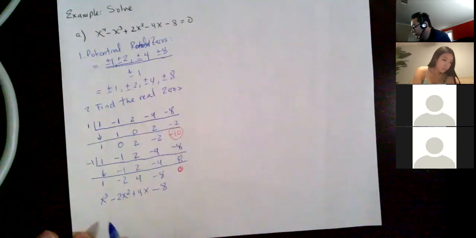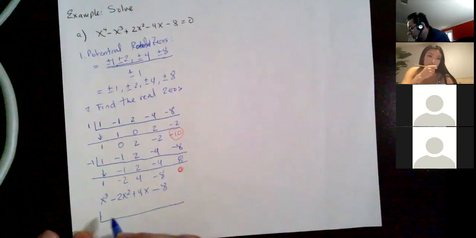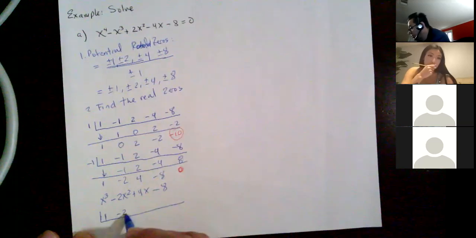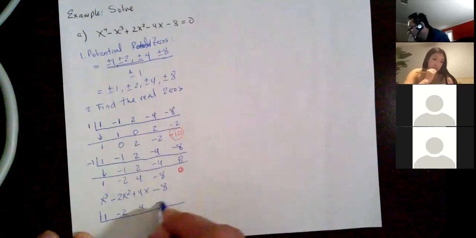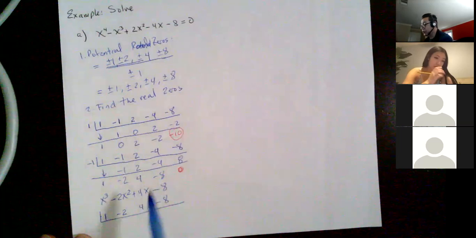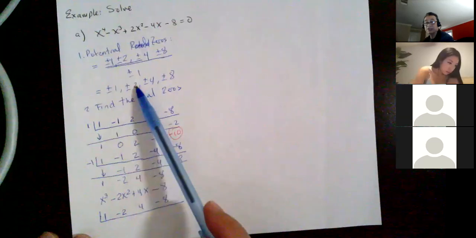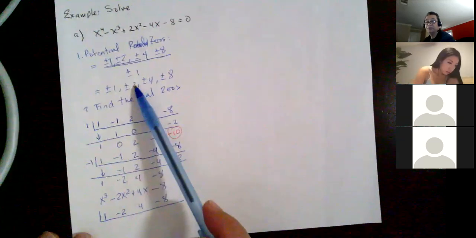Here, what I would do is write 1, negative 2, 4, negative 8. You guys can start with 1 and negative 1 again, it might be possible, or you can continue with the plus minus 2 as your option here.